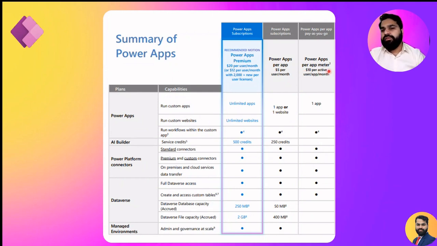When we say active user, just a bit of background on how this gets assigned: any Power Platform environment which is created has to be connected to your company's Azure subscription. When it is connected, Power Apps meters will always check, within a particular month, whether any of the users have been active or not.